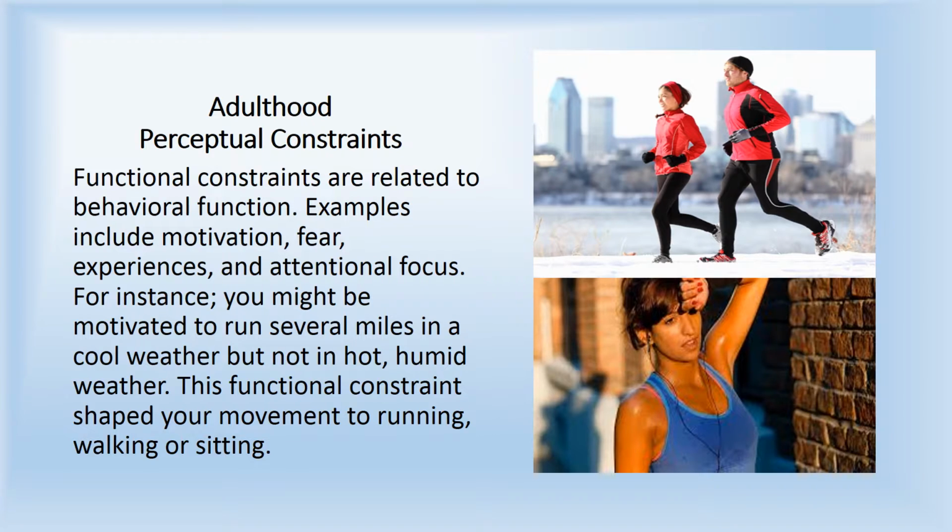Fundamental constraints are related to behavioral functions. Some examples include motivation, fear, experience, and attentional focus. For instance, you might be motivated to run several miles in cool weather, but not in hot, humid weather. This functional constraint shapes your movement to running, walking, or even sitting.